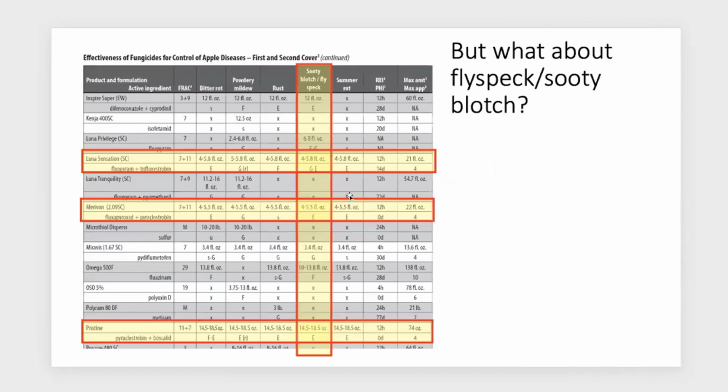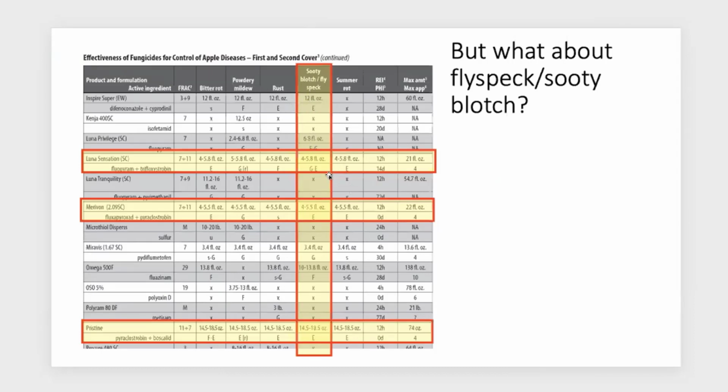So here you can see when we're talking about that last problem here, trying to manage sooty blotch, based on the data, people are saying that Inspire gives really good control. The trials where that happened, there were a lot of fungicides being applied and they weren't controlled for different products, and I'm not sure that's entirely true.